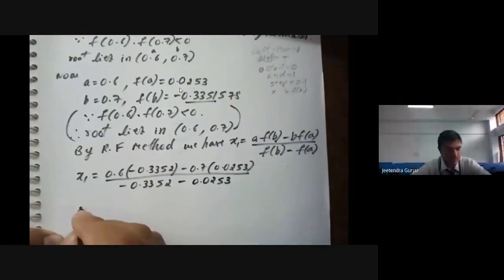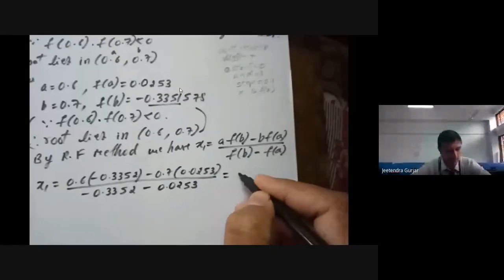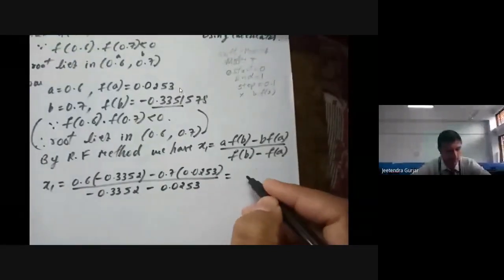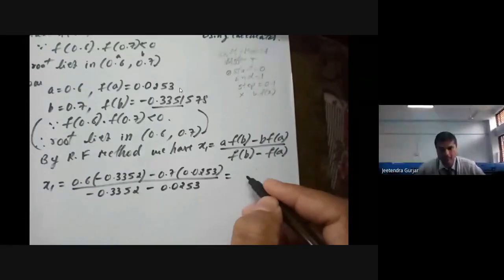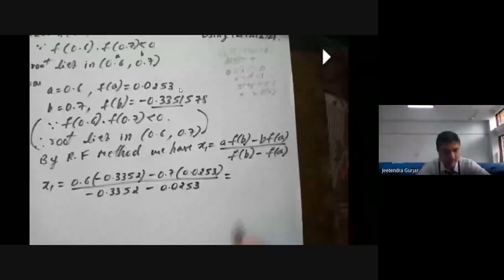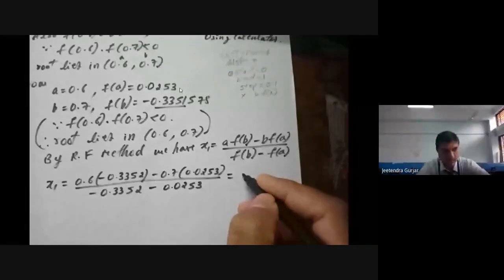We'll see how many of you are ready for the exam now. If I take the exam next week, are you ready? Just substitute in the calculator, you will get the answer. So the answer for the first iteration is 0.607. Very good. Many of them have got the answer.